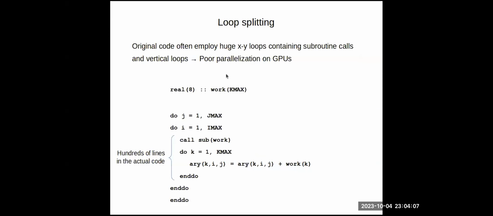Our model often contains huge horizontal loops containing hundreds of lines of code, like subroutine codes and vertical loops. It was very difficult to parallelize them well on GPUs using OpenACC, probably because the registers were not enough. So to improve the performance, I split loops into simple, collapsible ones, and moved subroutine codes outside of the horizontal loops by modifying those subroutines to handle three-dimensional data instead of 1D.